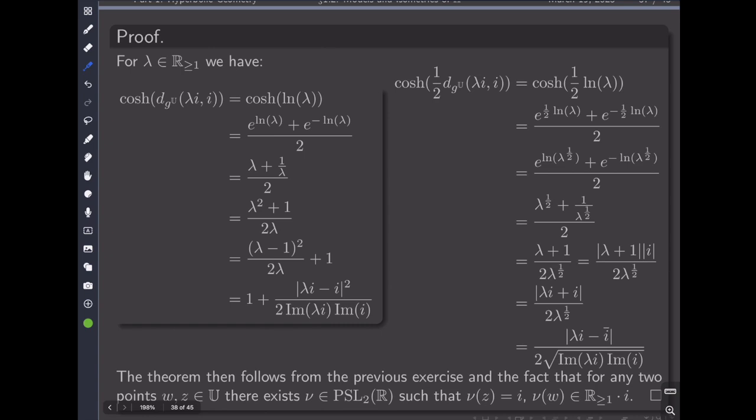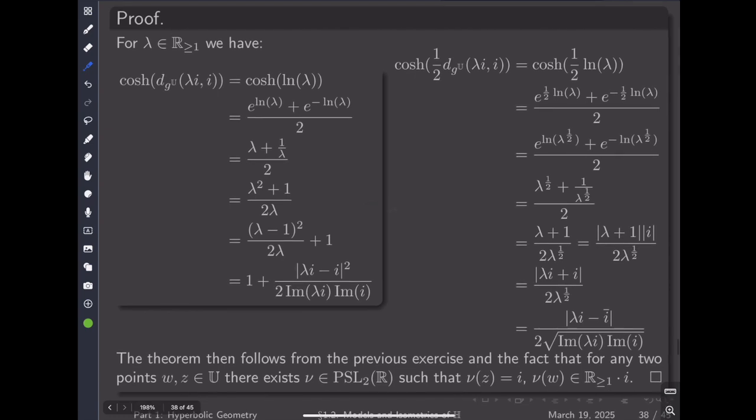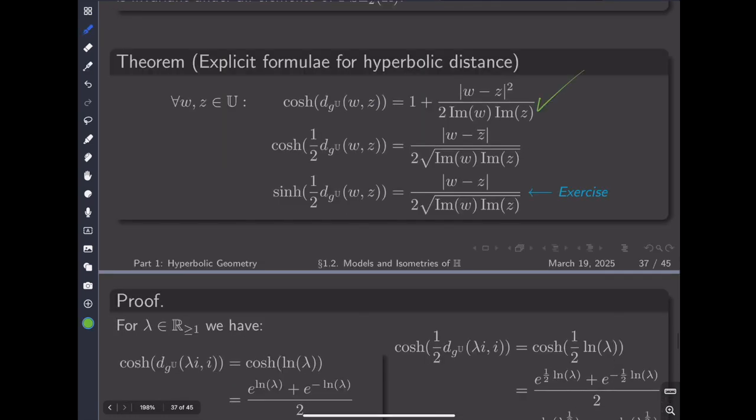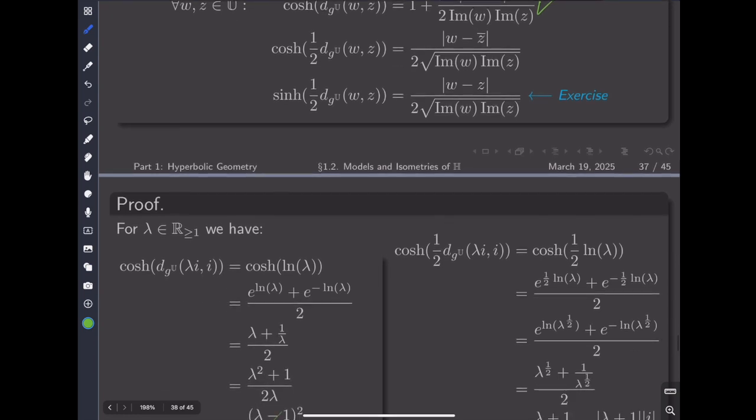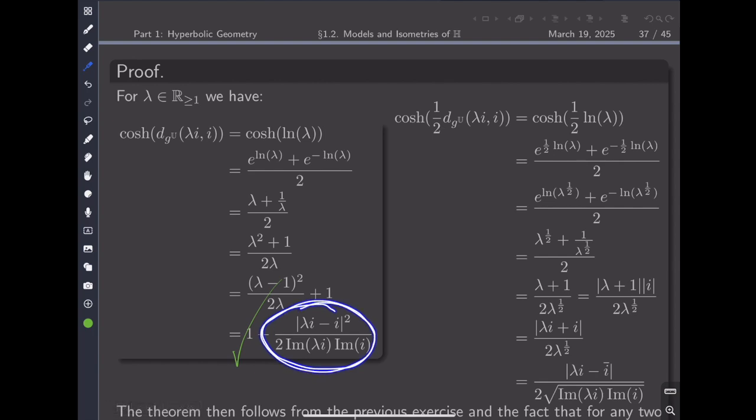Once one gets used to this, one sees that this was really just enough. So if you want this done, why? Because this expression is invariant under PSL2R, under applying PSL2R to the arguments.